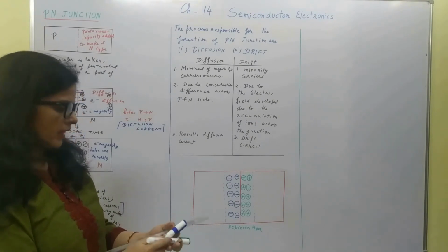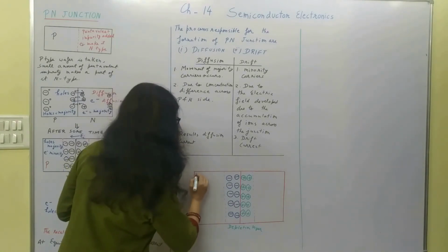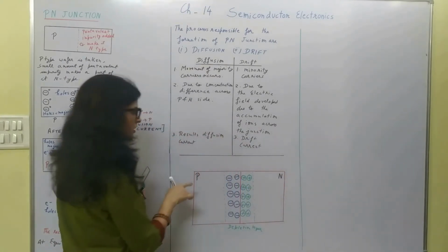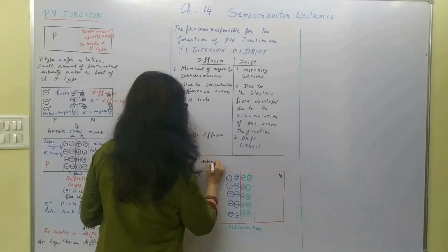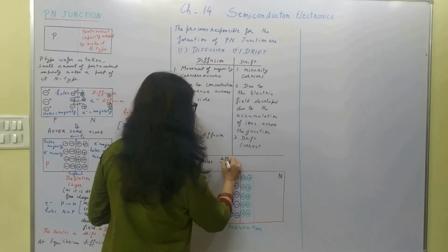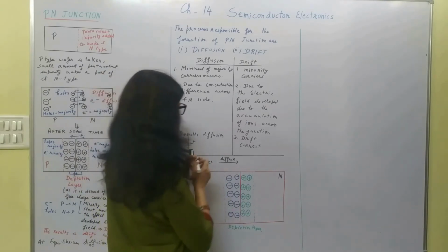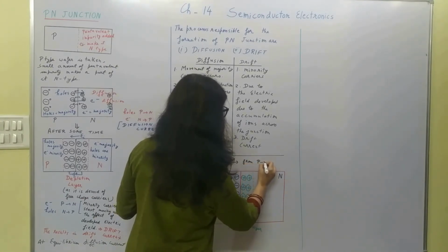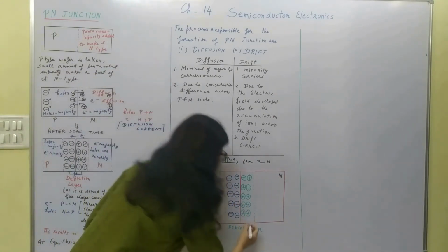And we know that the diffusion of majority carriers takes place. So this is the P side, this is the N side. Here majority are holes. So you can say that holes diffuse, okay, from P to N, right? Similarly, electrons diffuse from N to P.